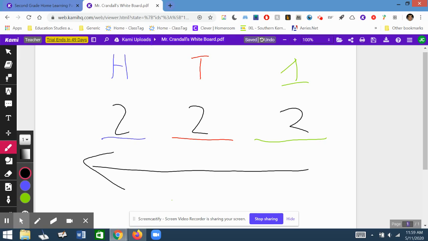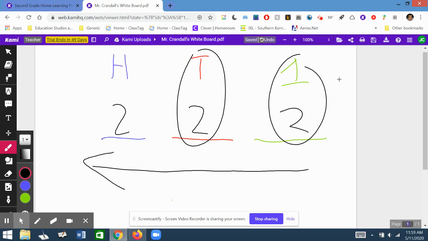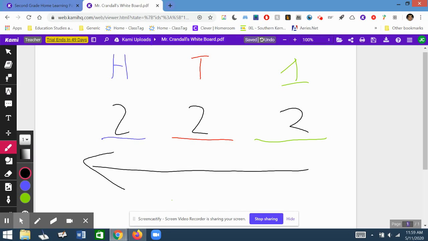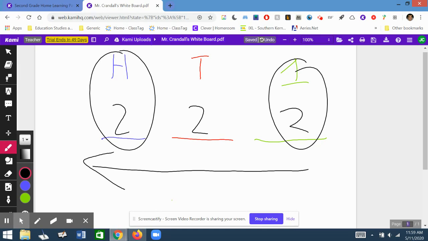So, which one's bigger, two tens or two ones? Two tens are bigger. Which one is smaller, two hundreds or two ones? That's right, the smaller one is two ones.